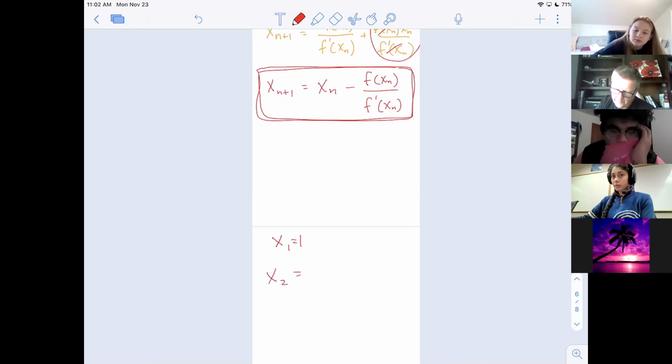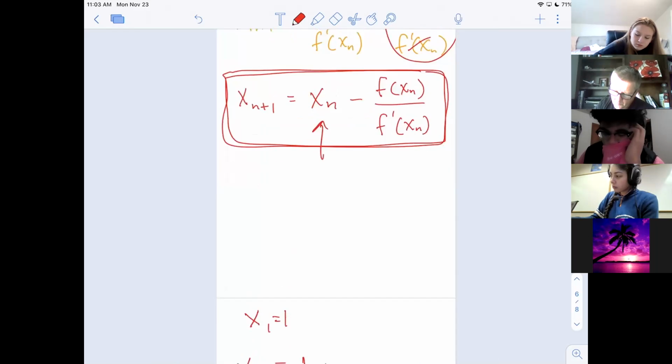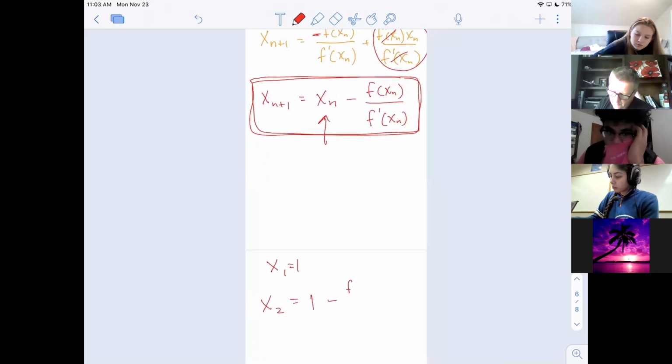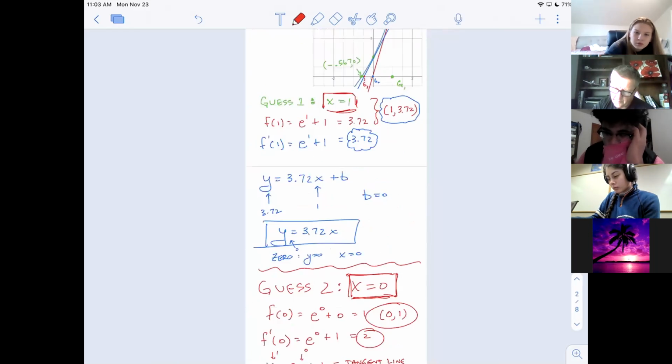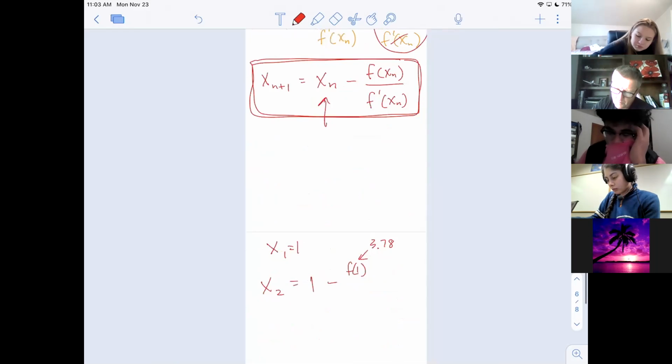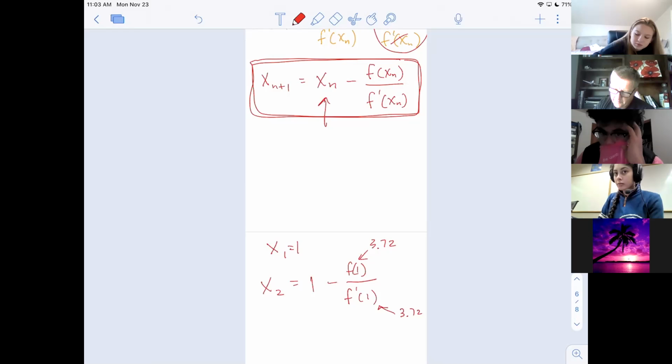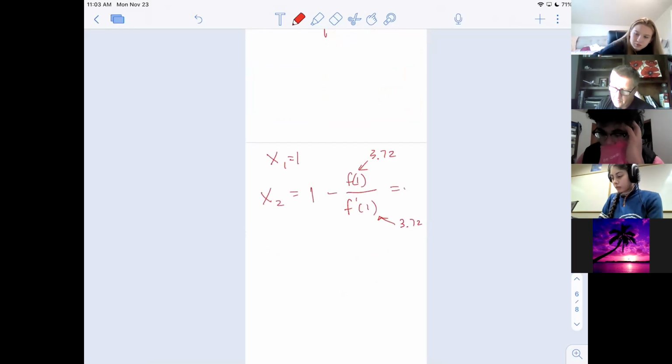According to this, the next guess is found by taking the previous guess, which is 1, minus the function evaluated at 1, which we said was 3.72, divided by the derivative evaluated at that guess. And this one coincidentally was the exact same number. And so you end up with 1 minus 1, you get 0. So there's your next guess.